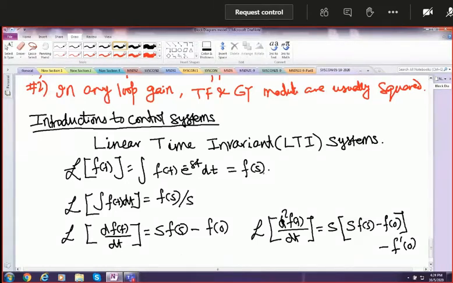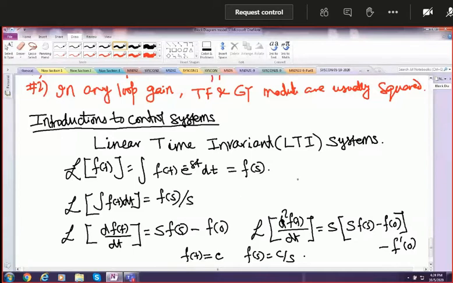For example, let's say your f(t) is equal to a constant, let's say C. Then F(s) is C by s. A constant's Laplace transform is 1 by s. Let's say f(t) is sin omega t. Then you will have omega by s square plus omega square. So F(s) means the Laplace transform of f(t). It's a function of s, but it's the Laplace transform of f(t).